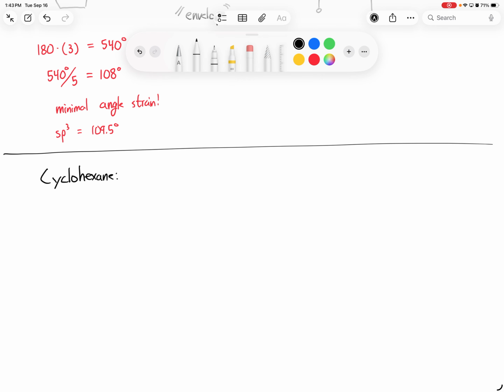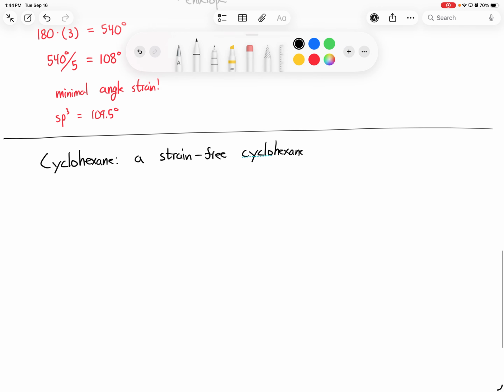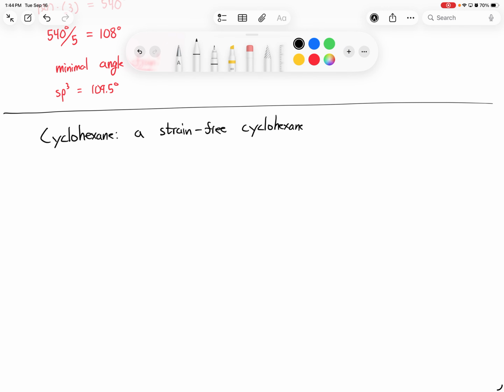They'll always have a six-member ring or five-member ring. Propanes and butanes are very rare. The reason this one is so important is that it's a strain-free cyclohexane. First let's start by comparing the planar structure. So let's draw a hexagon.